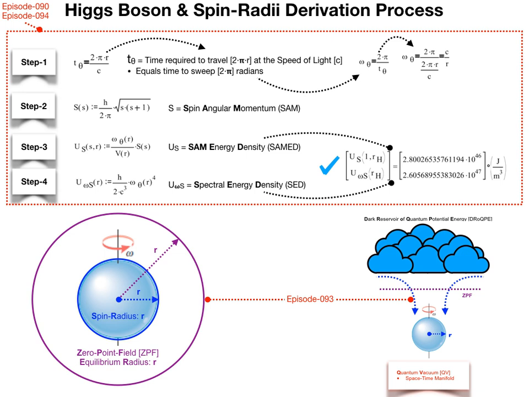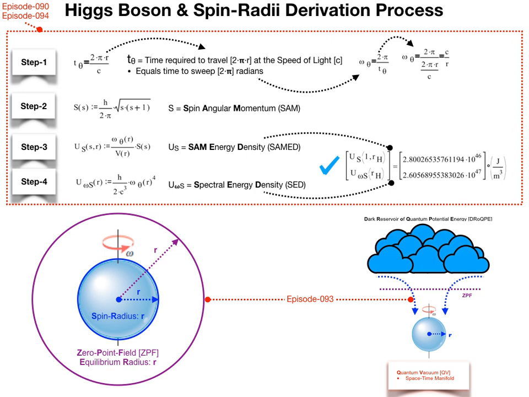Step 3 defines the energy density associated with spin angular momentum. Step 4 defines the spectral energy density associated with the quantum vacuum if and only if the quantum vacuum is dynamically, kinematically and geometrically similar to the rotational frequency associated with omega sub theta as appears in step 1.